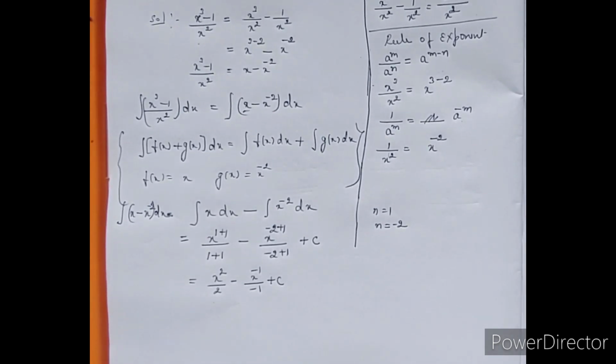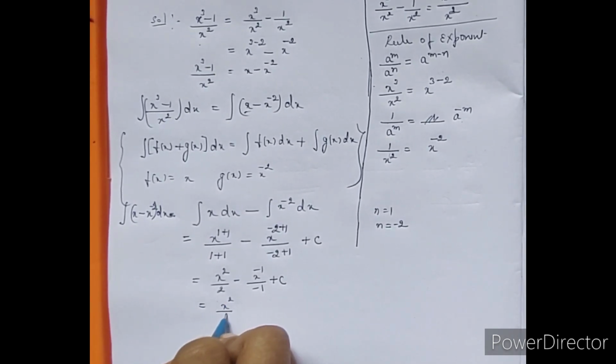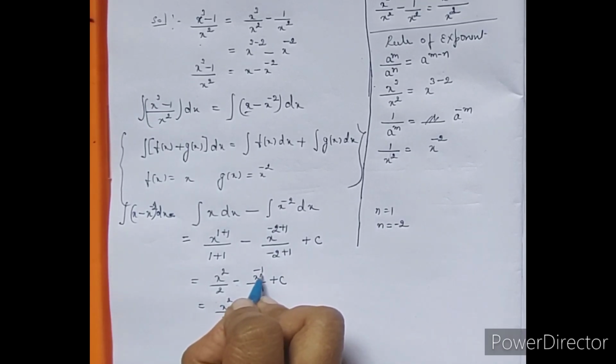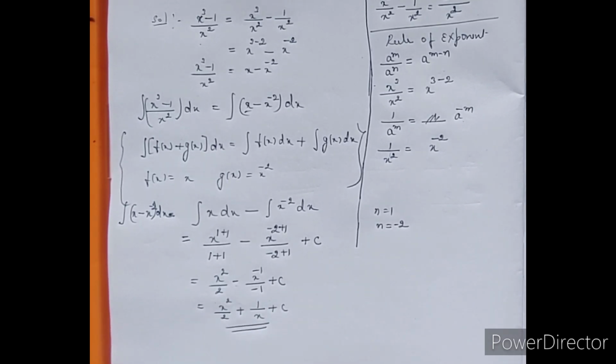So if you simplify further, that is x square by 2, here minus into minus becomes plus, x to the power of minus 1 can be written as 1 divided by x, plus the constant of integration c. So this is how you solve.